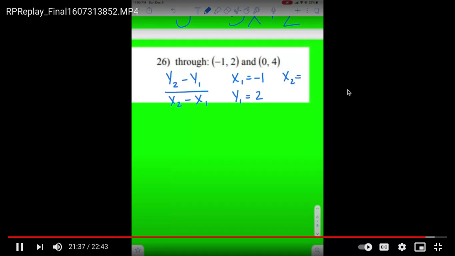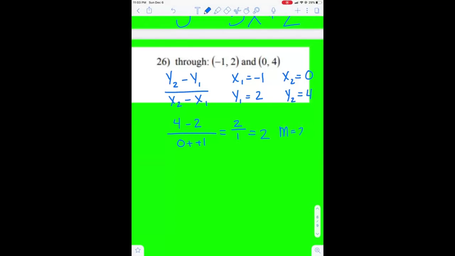And then my x2 is going to be 0, and my y2 is going to be positive 4. So on the top here, I'm going to have 4 minus 2. And then on the bottom, I'm going to have 0 minus negative 1. So that is going to end up giving me 2 over 1, which is 2. So my slope is 2.